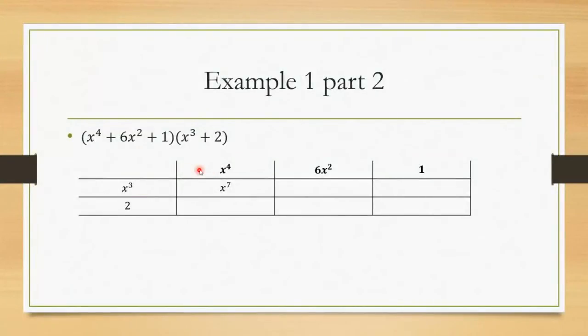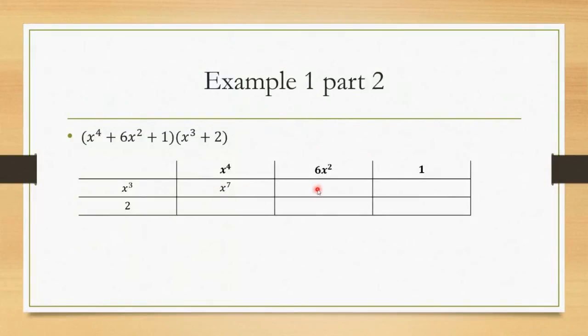Remember, when you multiply monomials, you multiply the coefficients together. Here they're both just 1, so the coefficient is still 1. And you add the exponents together. Doing so, this is what we get.